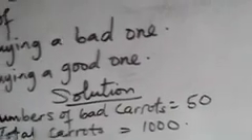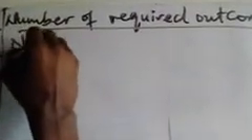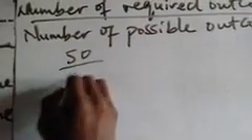So knowing the ones that are bad, apply your formula. Number of required outcome over number of possible outcome. Okay, now we have 50 over 1,000. Divide this. 5 here will give us 1. 5 here will give us 20.